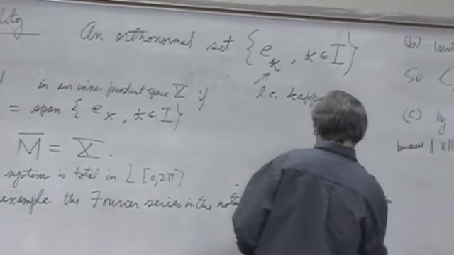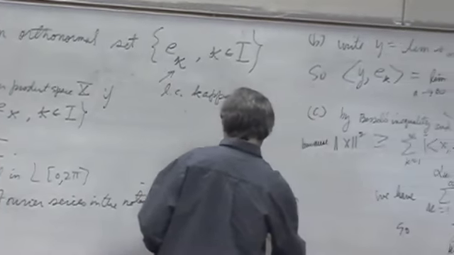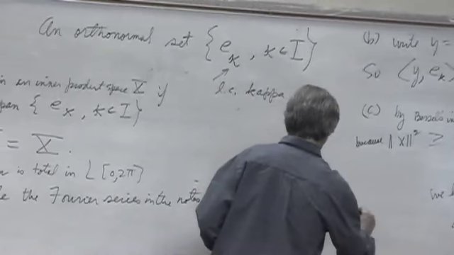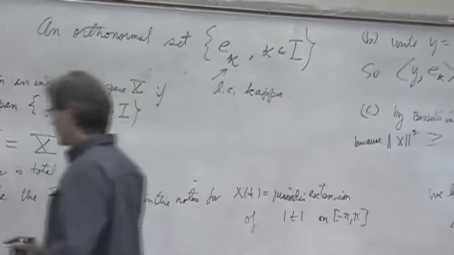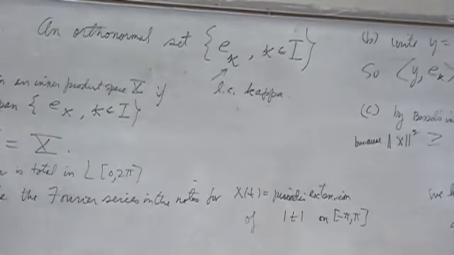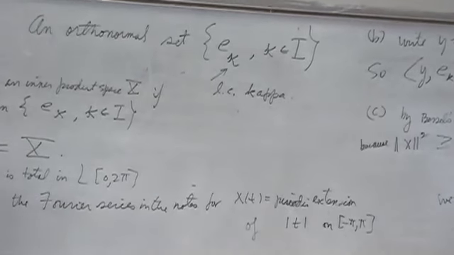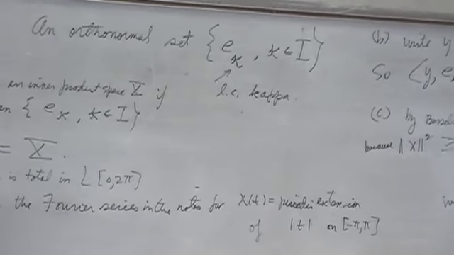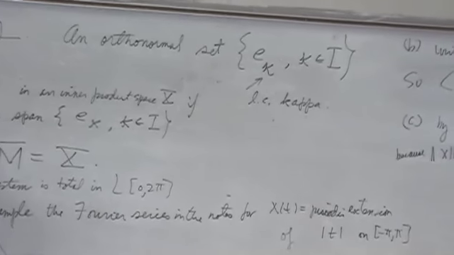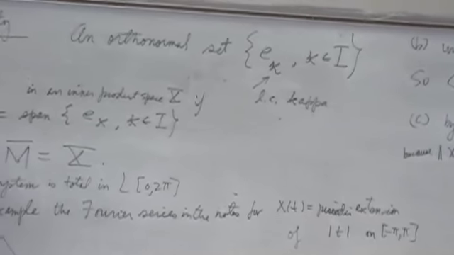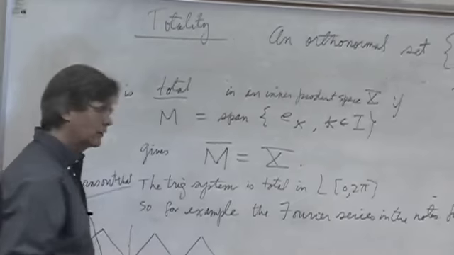I took absolute value of t on minus pi to pi. So I took a function that looked like this. I'm really out of time now. Shoot. But this was pi, and this was minus pi. Okay, I just took the absolute value of t.